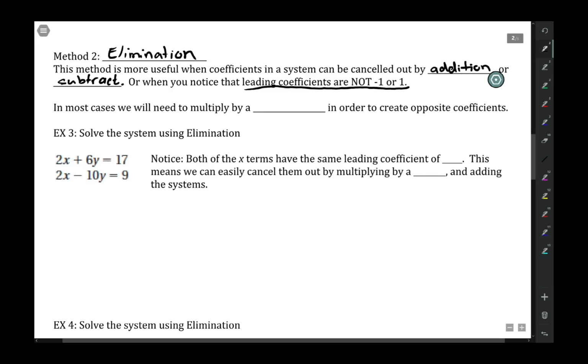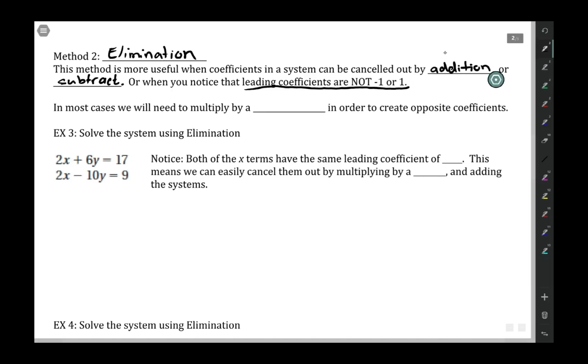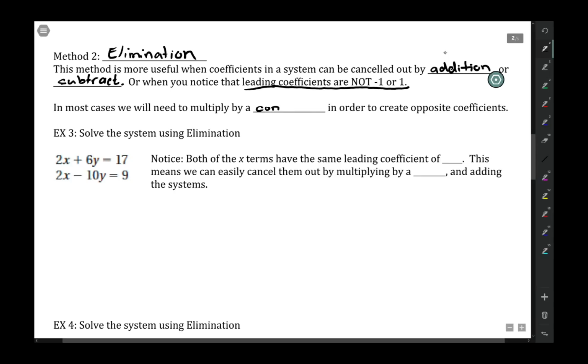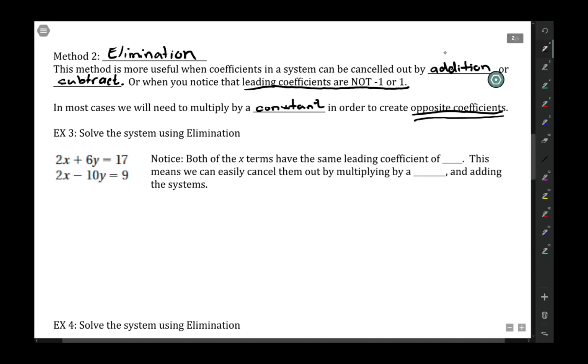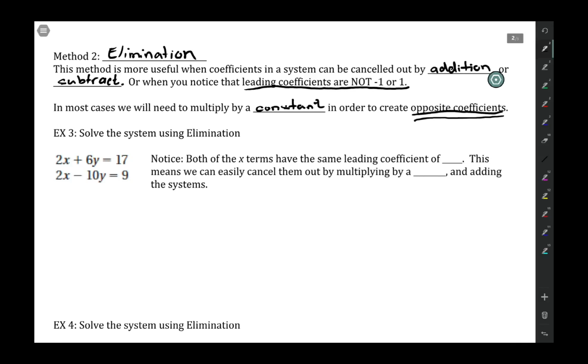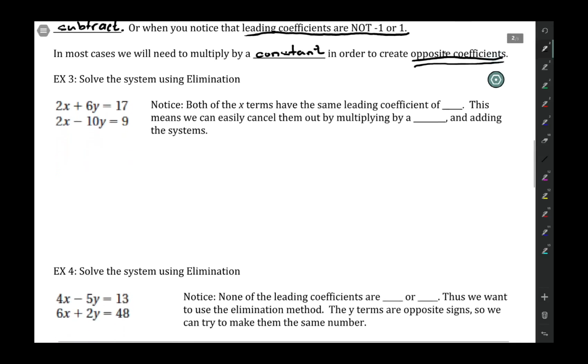In most cases, you'll need to multiply by a constant in order to create opposite coefficients. Now you have your choice. You can eliminate x, or you can try and eliminate y. But notice which one might be easier.